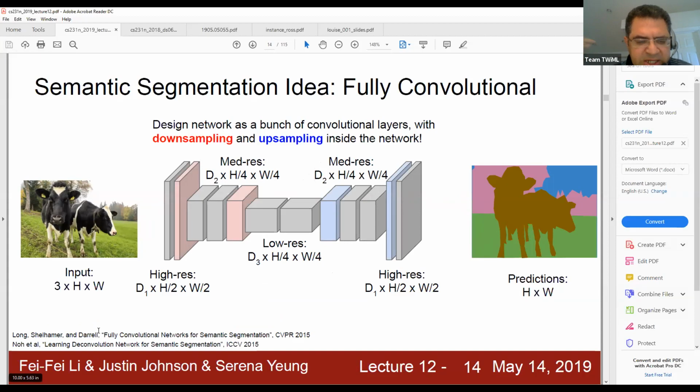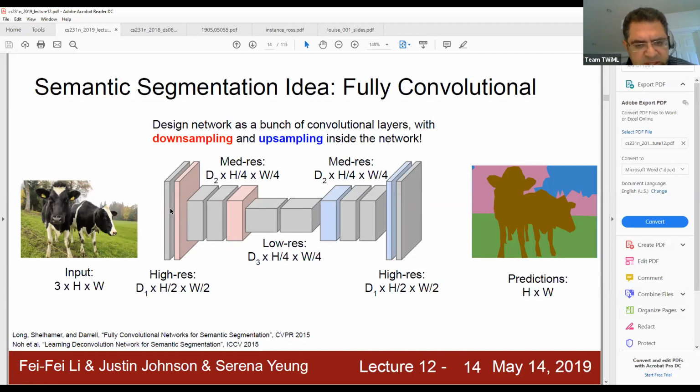So the next idea people came up with was in 2015. Initially the first idea, sliding window, was 2013, and this idea is 2015, where they figured out, okay, you have this computational overload. Why don't I keep downsampling as I increase the number of filters? So you see the boxes become thicker here.